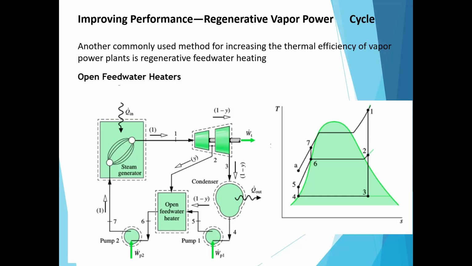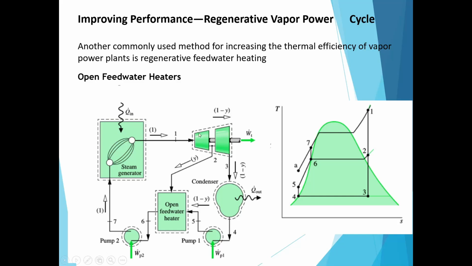Now when we talk about feed water heaters, there are two types: open feed water heaters and closed feed water heaters. In an open feed water heater, we are going to mix the streams. Let's consider this diagram.